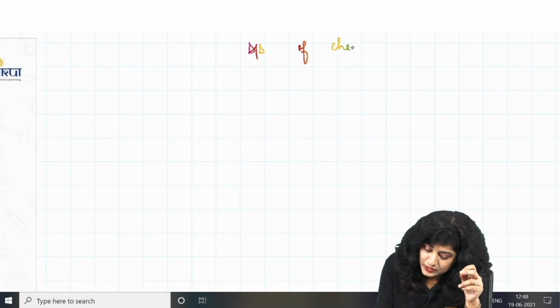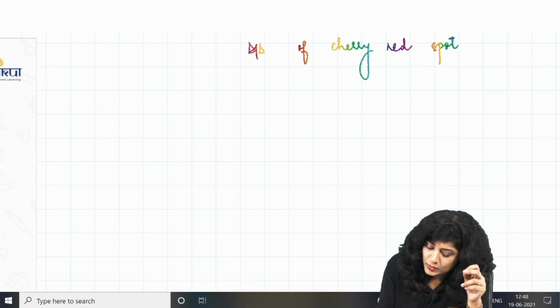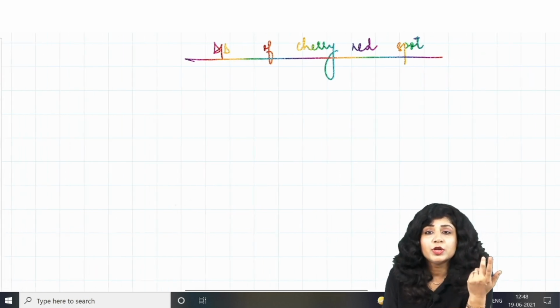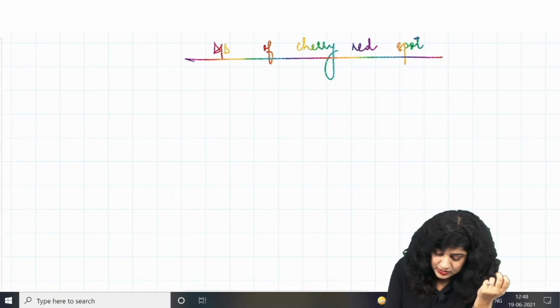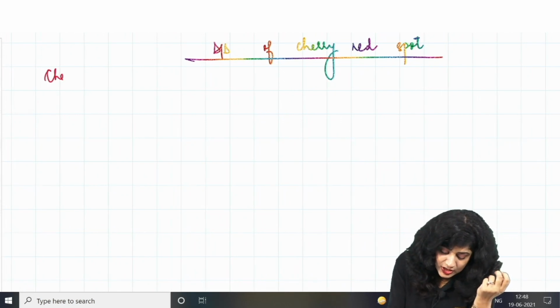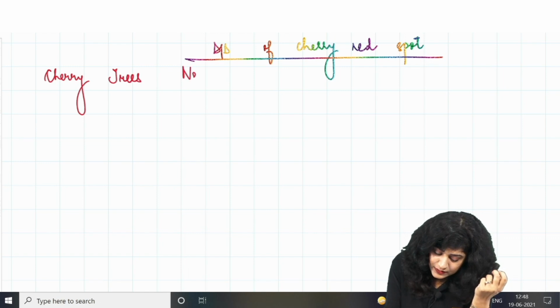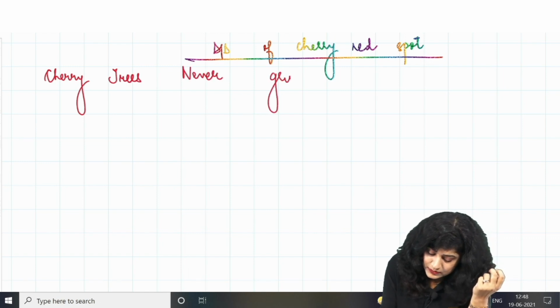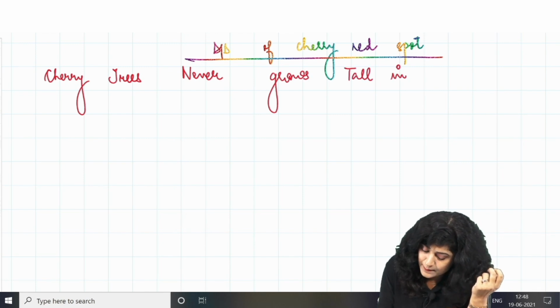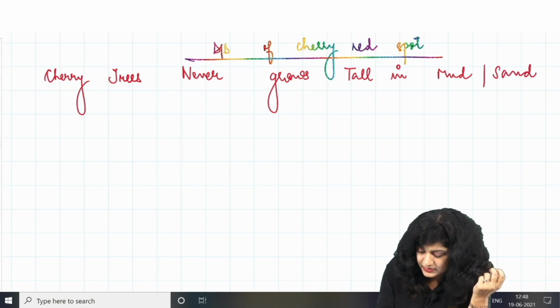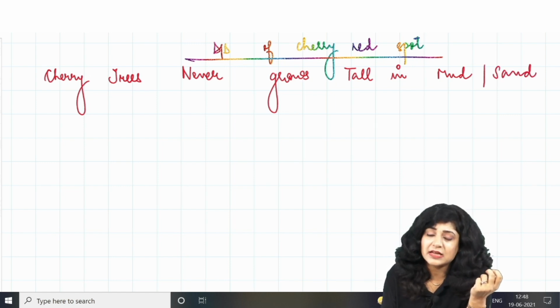Very important, because many times we get this question on cherry red spot. So what are the things that we can think of? Always remember: cherry trees never grow tall in the mud and sand.